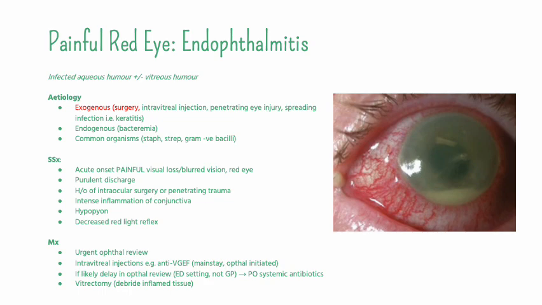If there is likely to be a delay in ophthal review, you can consider systemic antibiotics, and vitrectomy and intraocular or topical antibiotics is the definitive management plan for endophthalmitis. In this case, you may also consider systemic antibiotics depending on how severe the condition is.